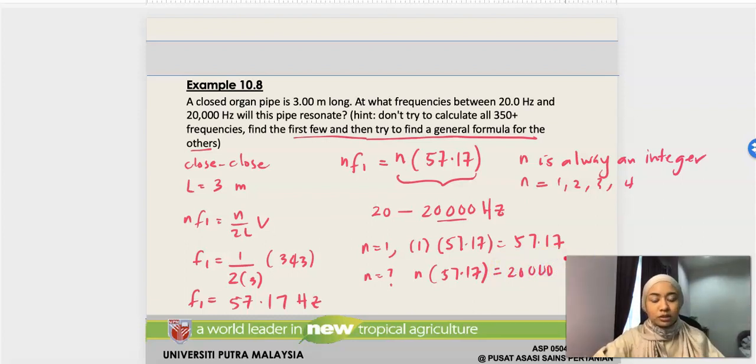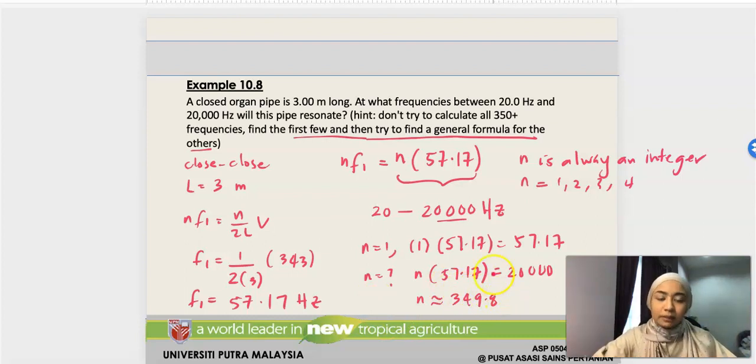Okay, so how do I solve for n? 20,000 divided by 57.17, obviously. So I get not a whole number, I got n is 349.8. Okay, so again, n must always be an integer.